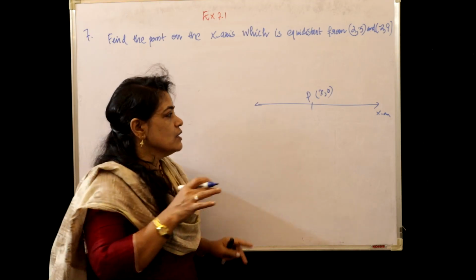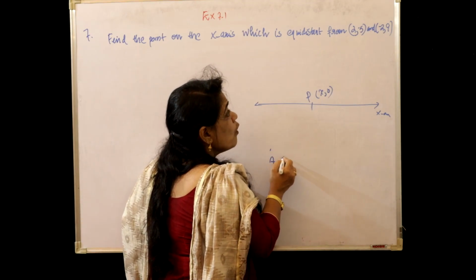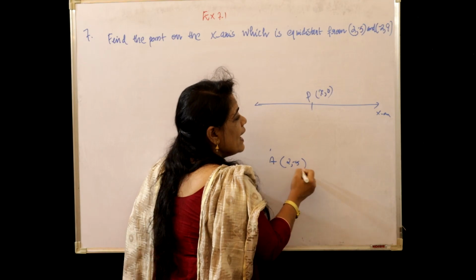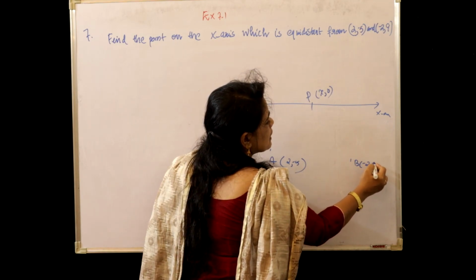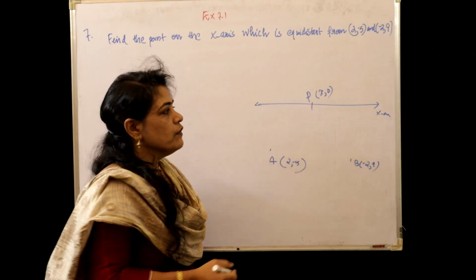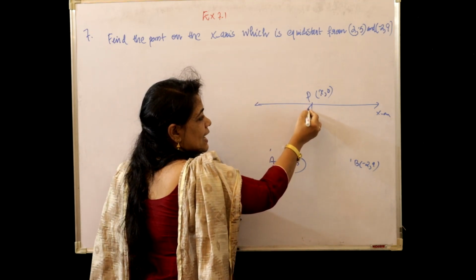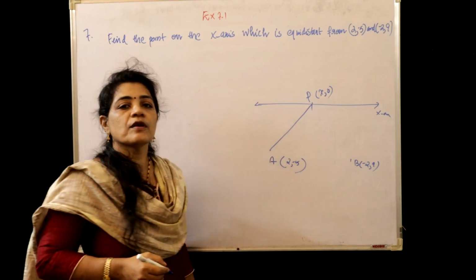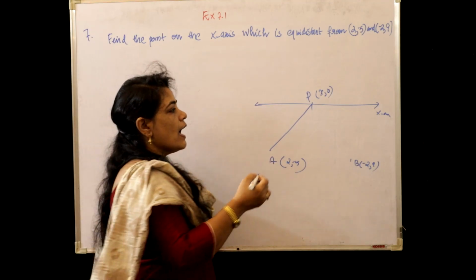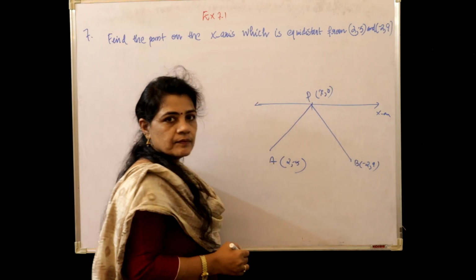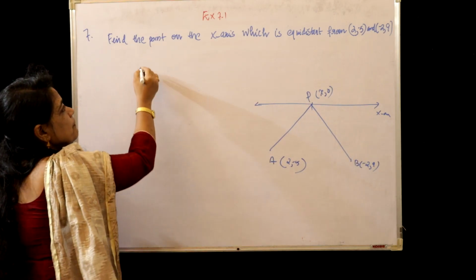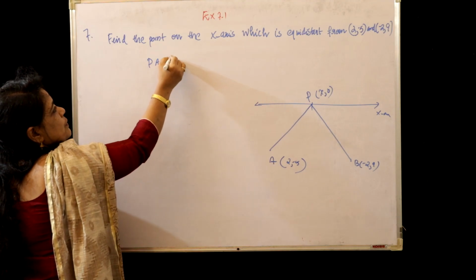For that, let the first point be A of 2, minus 5 and the second point be B of minus 2, 9. It is given that P is equidistant from A and B, so you can write PA equal to PB.